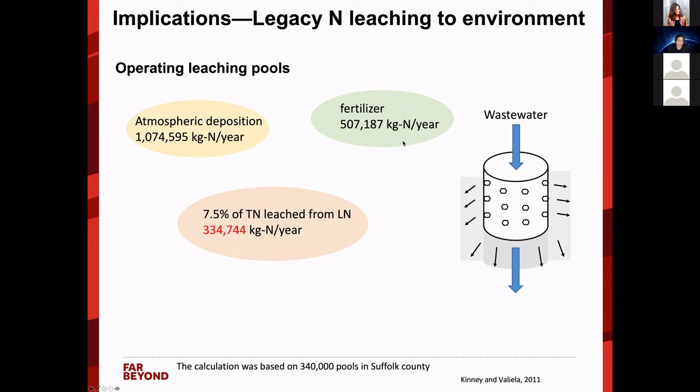So we estimated for the current operating leaching pools or cesspools with the continuous wastewater replenishment, how much total leachable nitrogen can be leached out from such pools, with the assumption using the current average rainfall of New York State, and with the 77.5% of the total nitrogen can be leached out from the leachable nitrogen. So with all those information, we found that the total nitrogen leached out from current septic systems is comparable to the contribution of fertilizers.